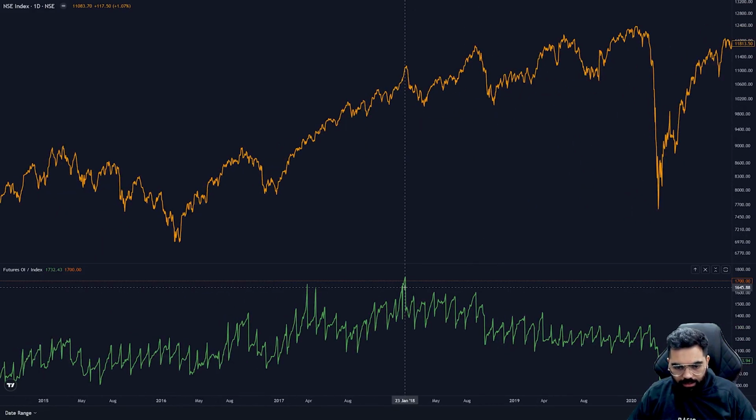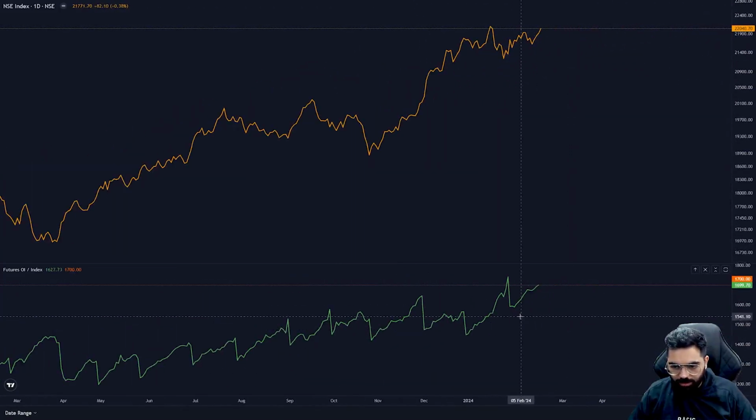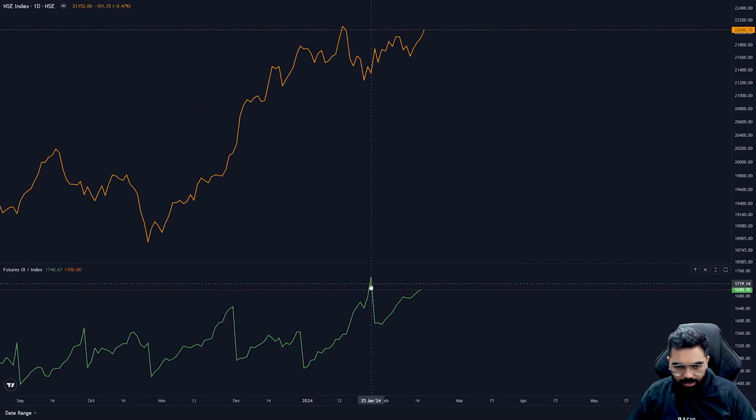This is somewhere around January 2018, just before this peak was formed. And it did see a small reversal here, even if it bottomed again and started rallying. Now what I wanted to share was, it has again reached that level here.